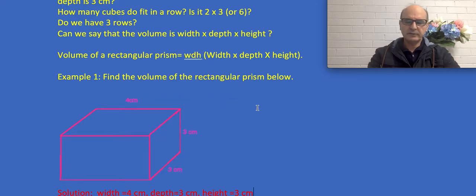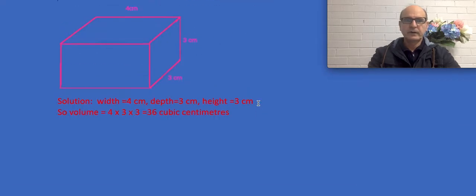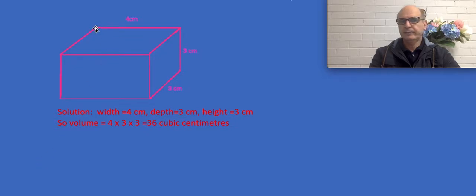Let's look at some examples. Here I've got this rectangular prism, and its width is 4, its height is 3, and its depth is 3 also. So I can times 4 by 3, which gives me 12, meaning in each row I'm going to fit 12.